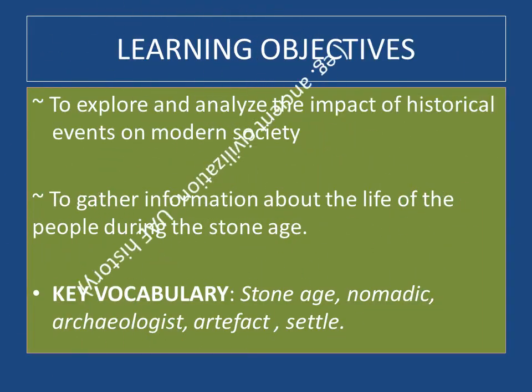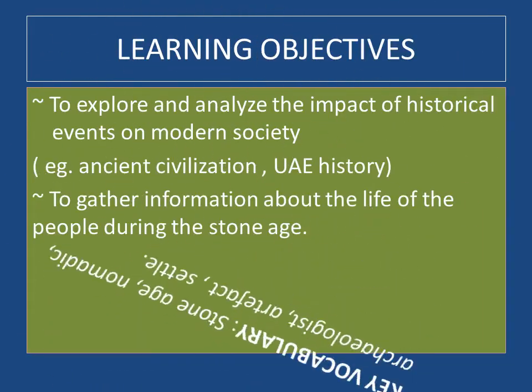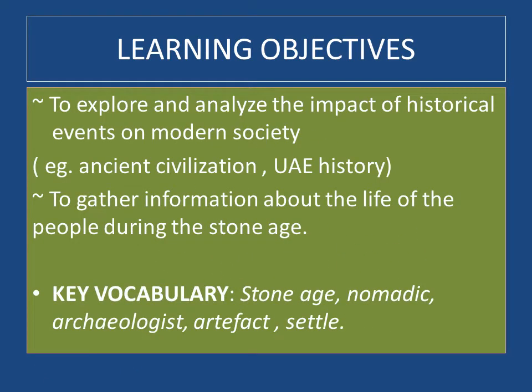So children, here we have the learning objectives. You can see it for yourself. We need to explore and analyze the impact of historical events on modern society, that is the ancient civilization, the UAE history. Besides that, our next objective is to gather all the possible information about the life of the people during the Stone Age.